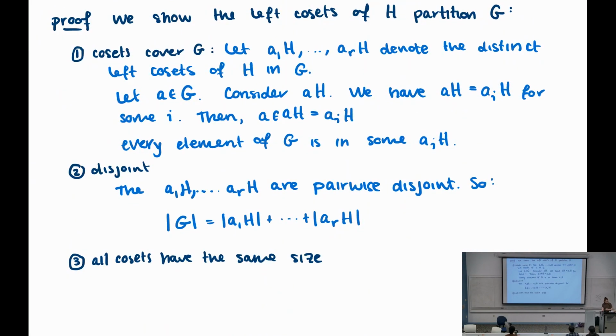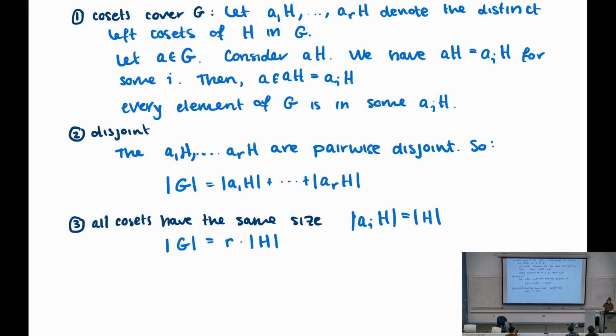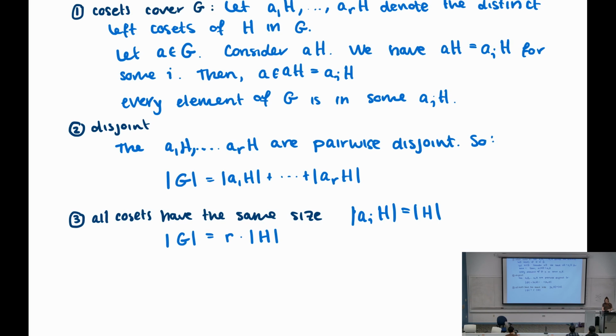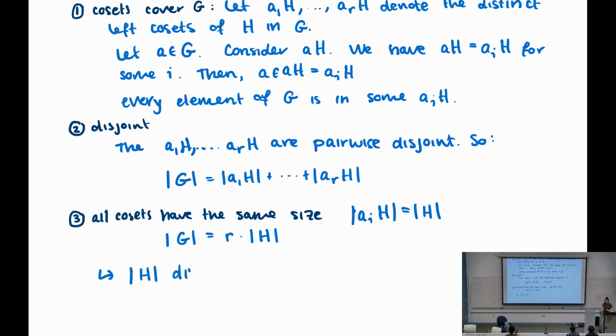So that means that we actually have that the order of G is equal to the number of cosets that we have, which is R, times the size of the subgroup H, because the size of A sub I H is going to be equal to the size of H. And so from this we can conclude that the order of H divides the order of G, since R is an integer, and also that the number of cosets is equal to the size of G divided by the size of H. And that completes the proof.